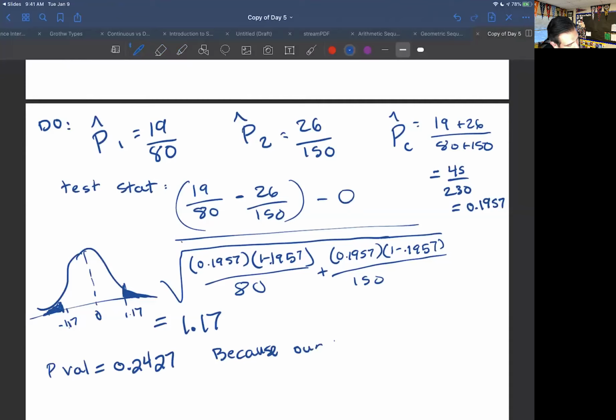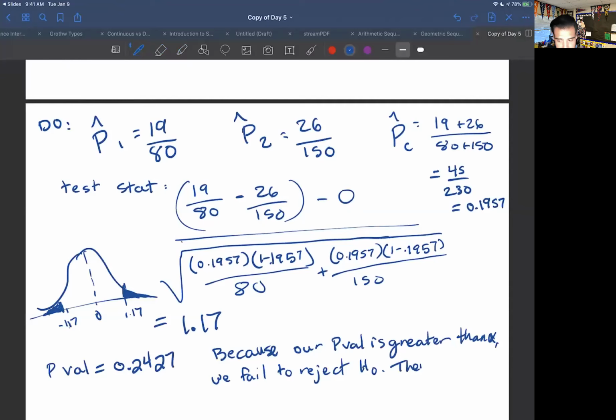So we can say because our p-value of 24% is greater than alpha, we fail to reject the null hypothesis.